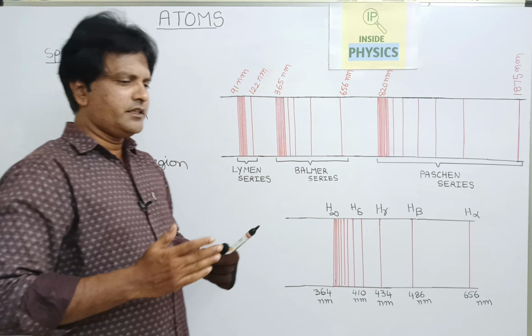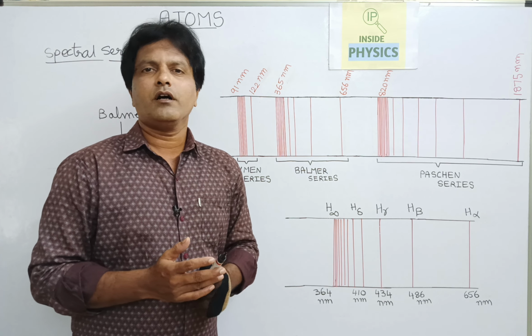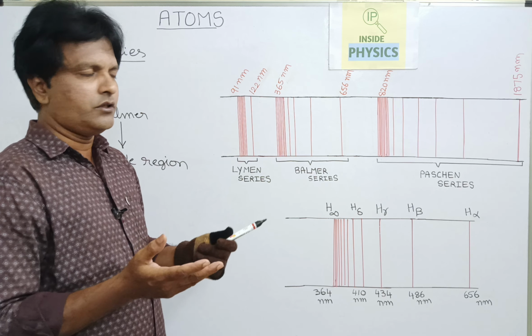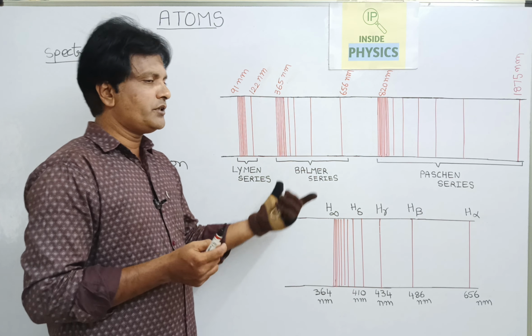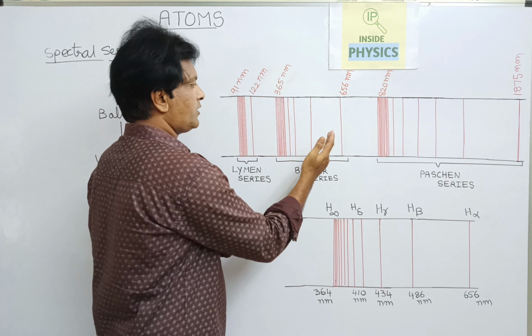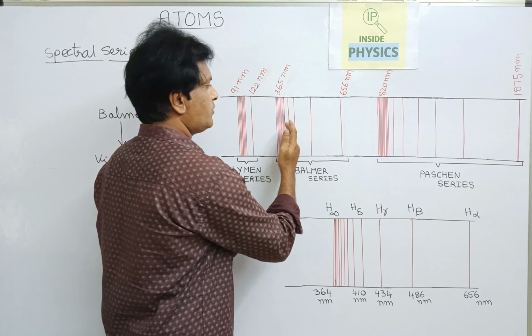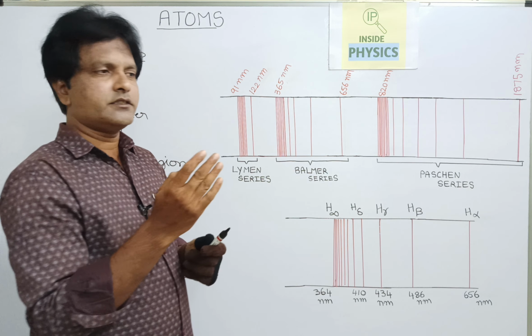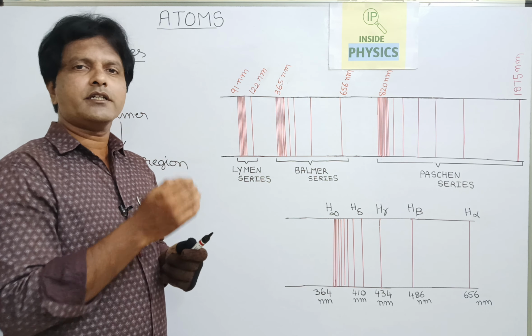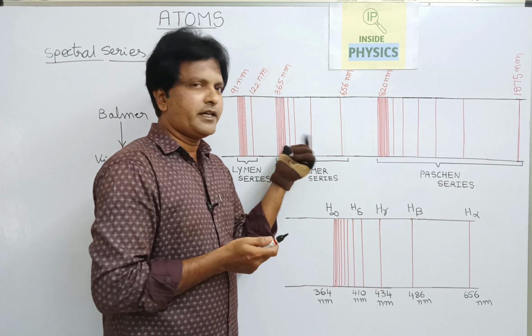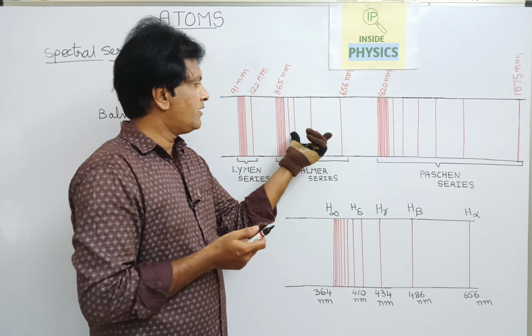Is there any regularity or symmetry observed in the spectral lines? There is no regularity, but we can observe one thing here. When you go from left to right or right to left, the spacing between the spectral lines gradually decreases or increases in a systematic, geometrical way.